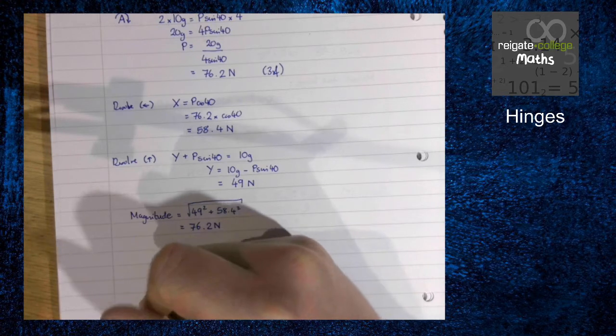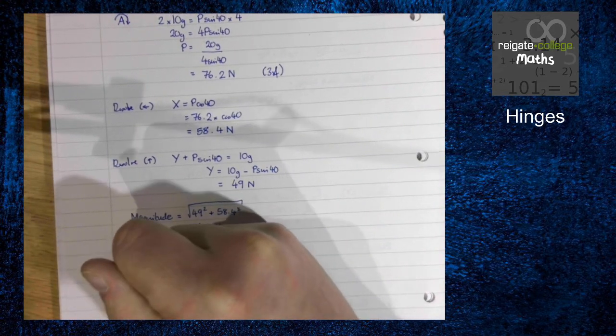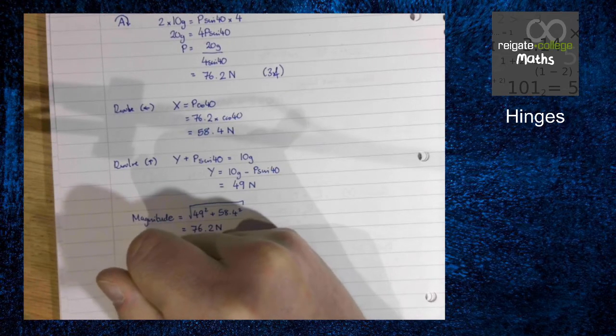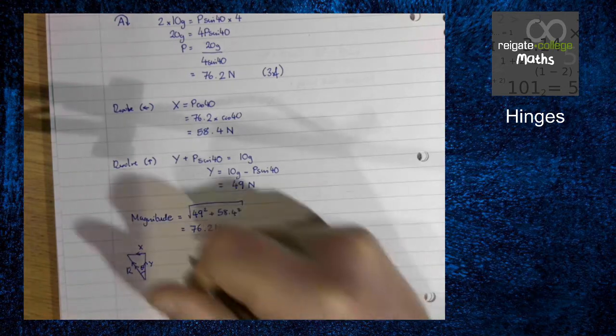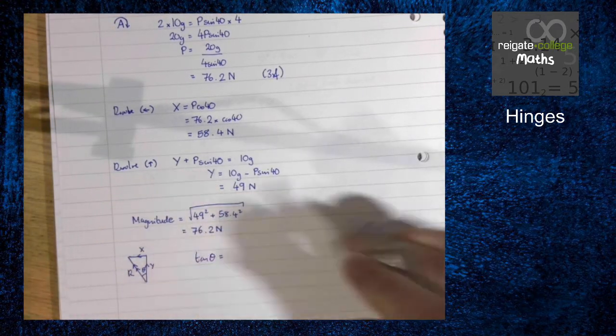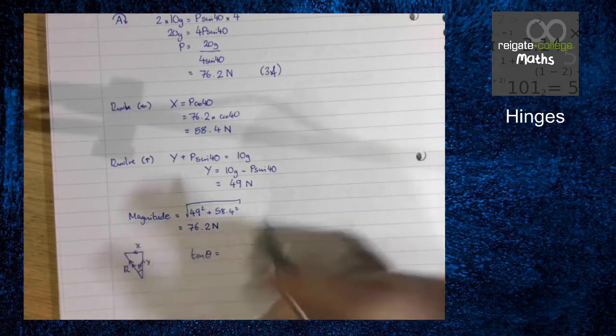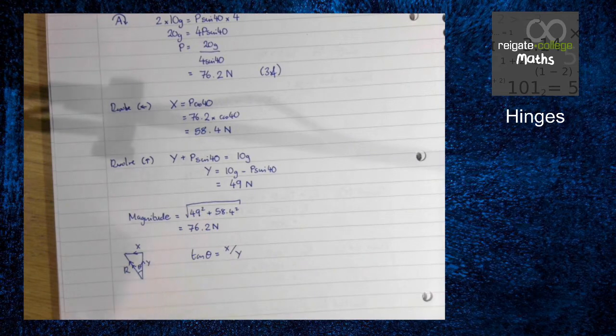Regardless, we're going to have our resultant force here. We've got our Y and our X, and this is the angle we're trying to find. So the angle, tan theta, is going to be opposite over adjacent.